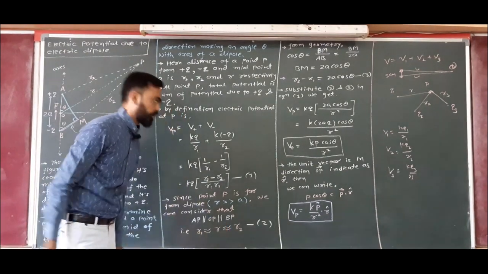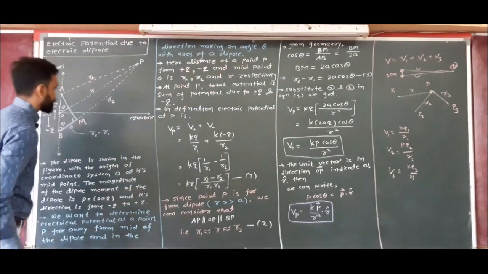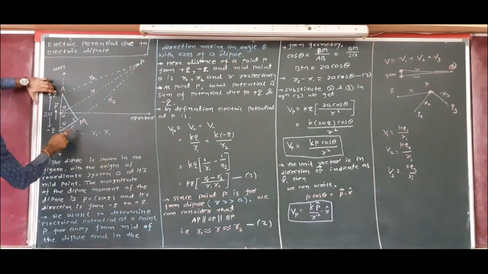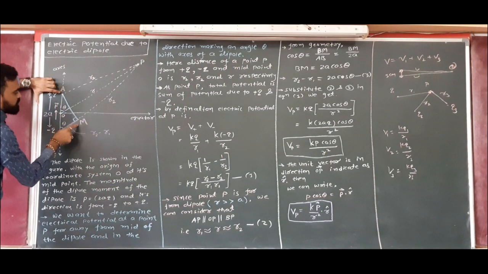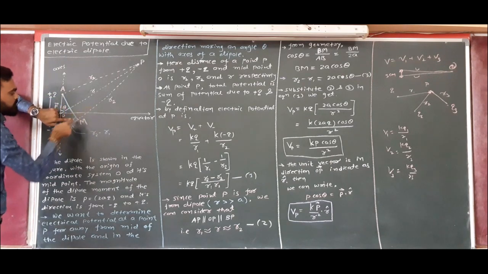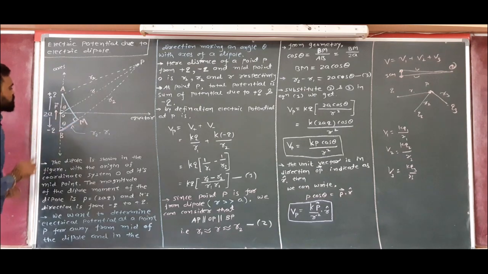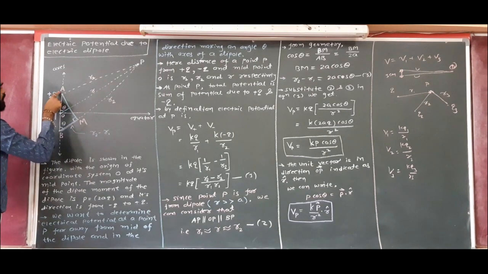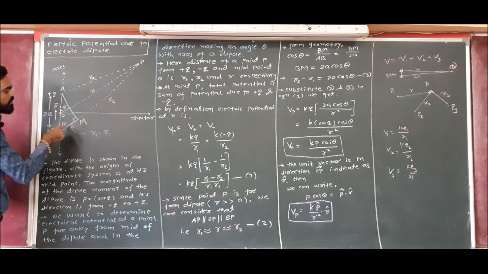Okay. Now back to the geometry again. See, when you draw this perpendicular bisector, it makes a 90 degree angle with the line. So this point is M. Now I have this triangle AMB, in which at the point M there is a 90 degree angle.